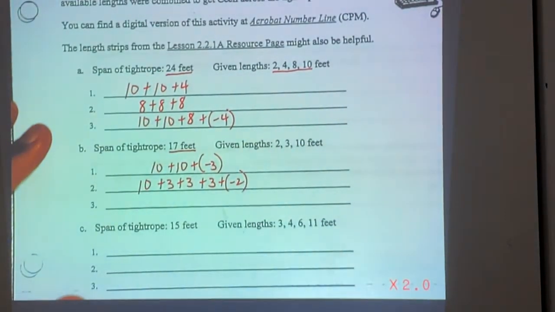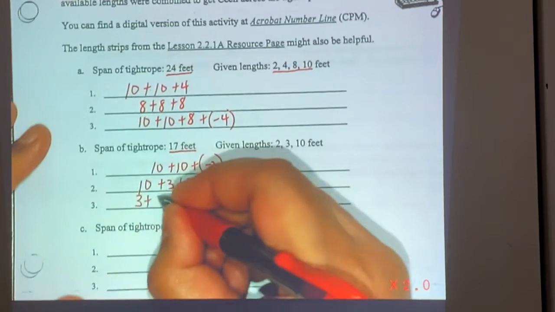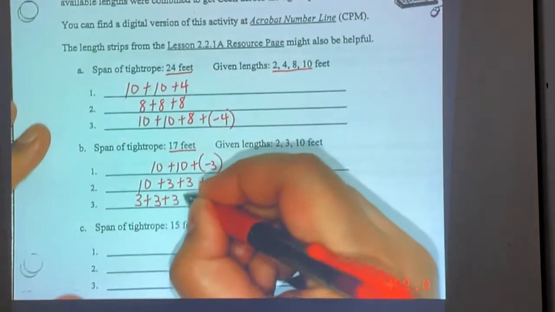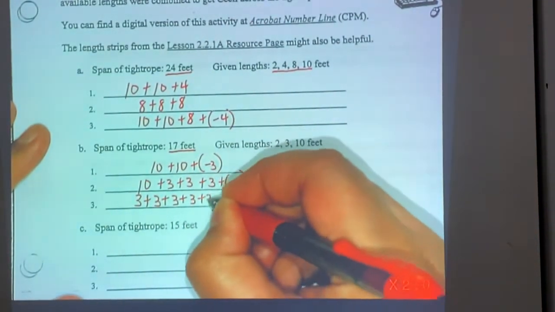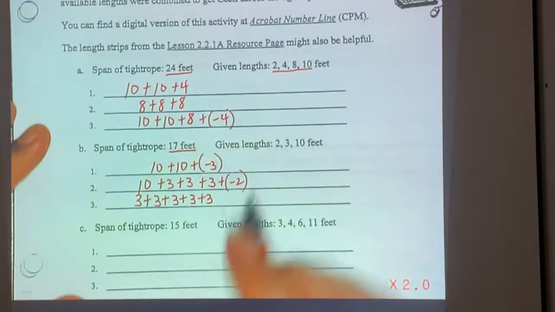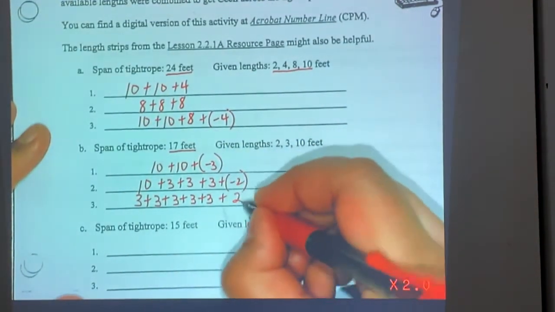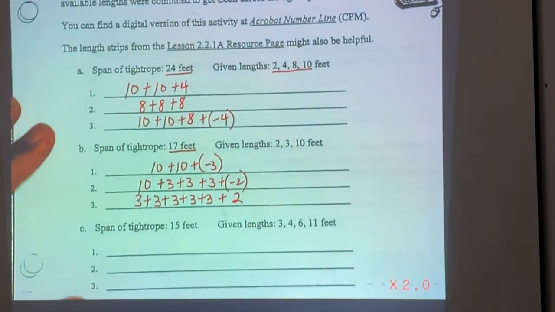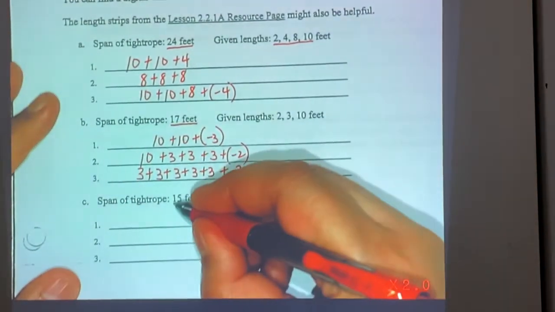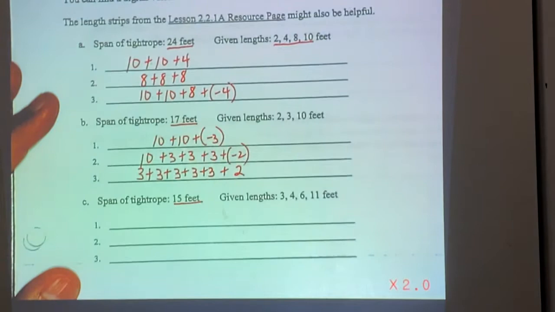Okay, how about 3 times 5 is 15 plus 2. Because 3 times 5 is 15 plus 2 more. Awesome.